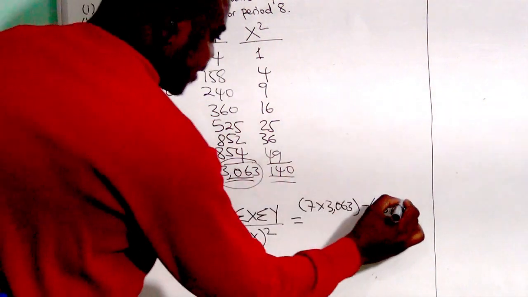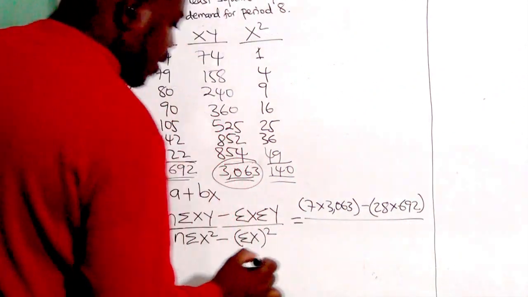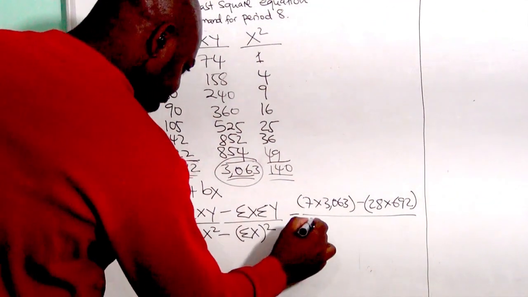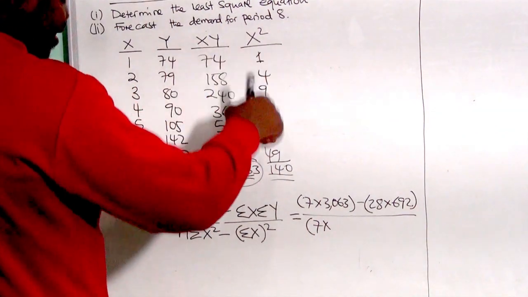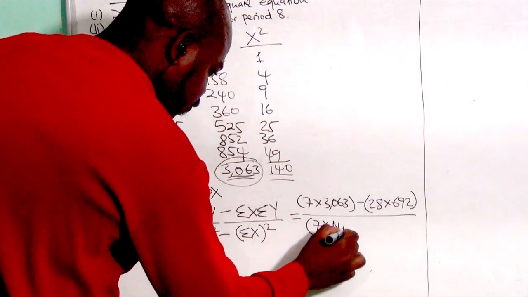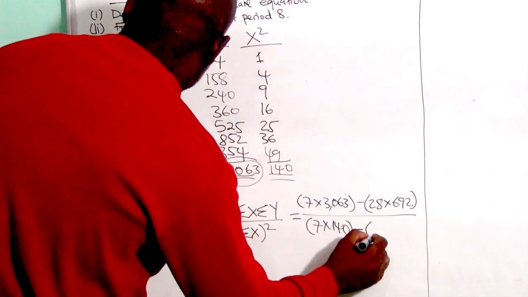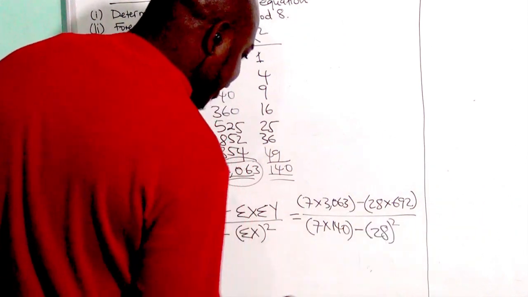Summation y is 692, over n again, which is 7, multiplied by summation x squared. Summation x squared is that one, 140 there, minus summation x, which is 28, and then I square it.